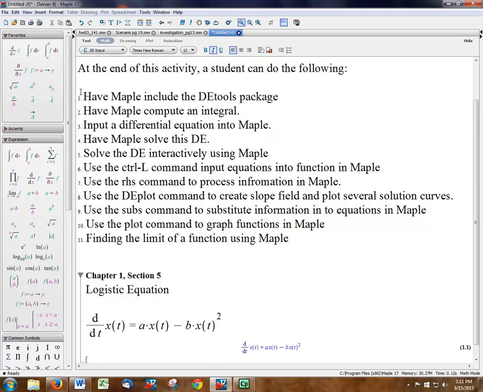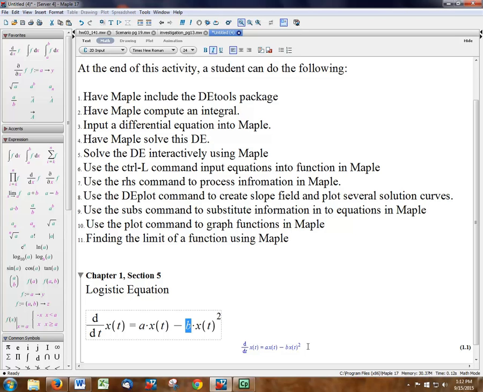What is a and what is b? A is usually associated with births in a population, and b is usually associated with death in a population. So that's why the minus sign is out here, because this is going to remove things from the population. This is going to add things to the population.